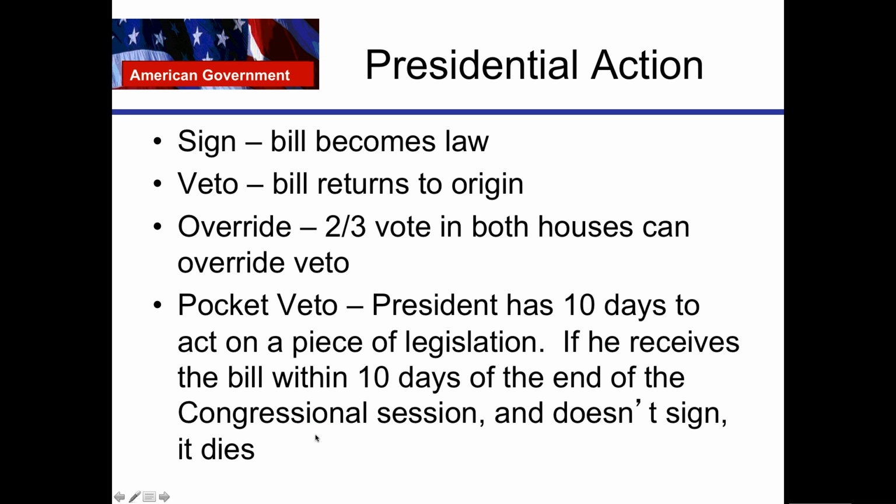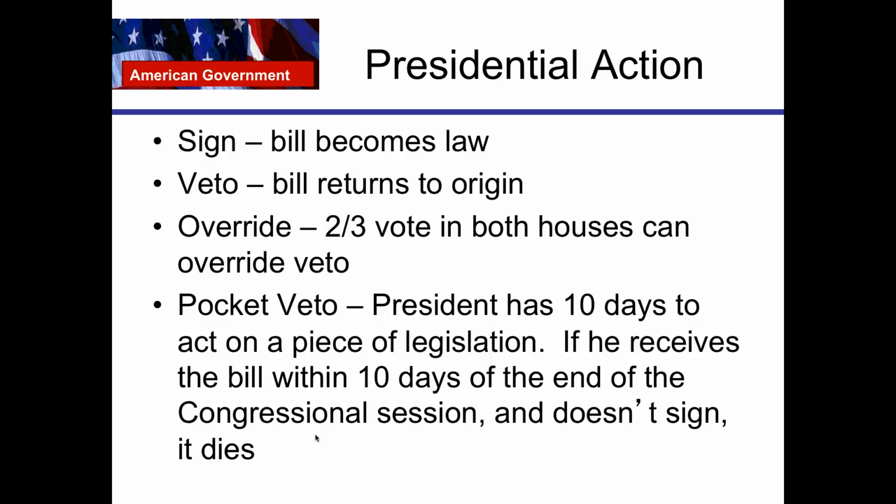It's also important to note that if a president receives a bill and Congress is in session, the bill will become law if the president doesn't do anything about it.